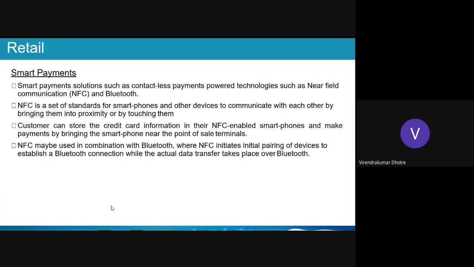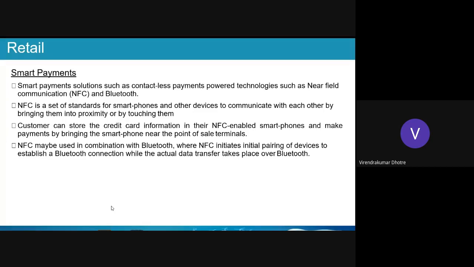But NFC is not used, right? NFC allows, if you have a smartphone with NFC, which is Bluetooth-like, holding it in front of a particular device, and your payment will be done. NFC is a standard for smartphones and other devices to communicate with each other by bringing them into proximity, without touching them.